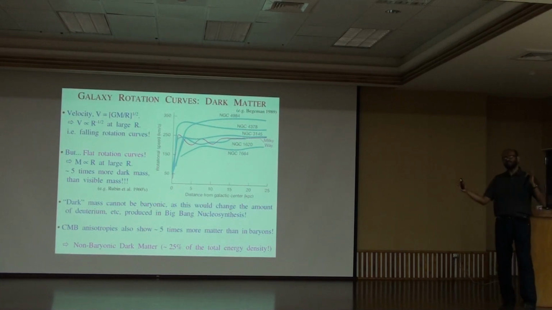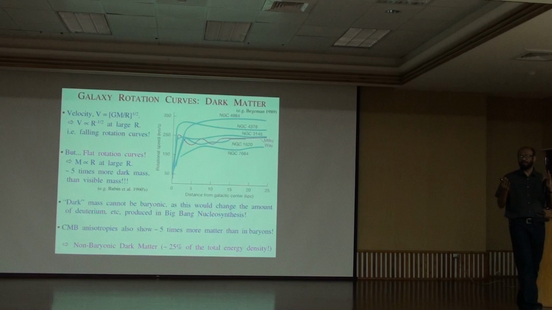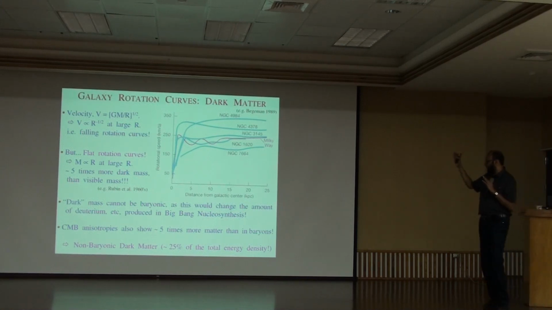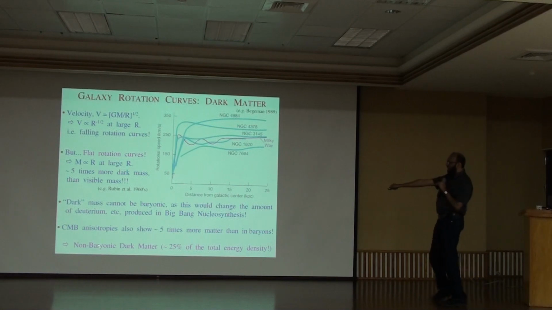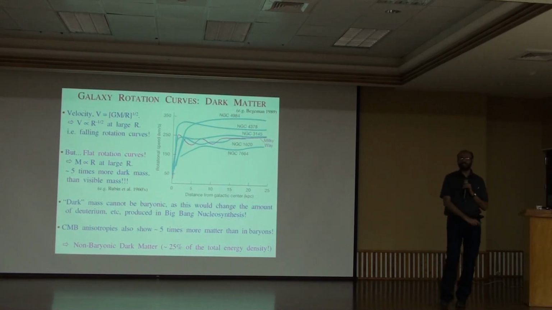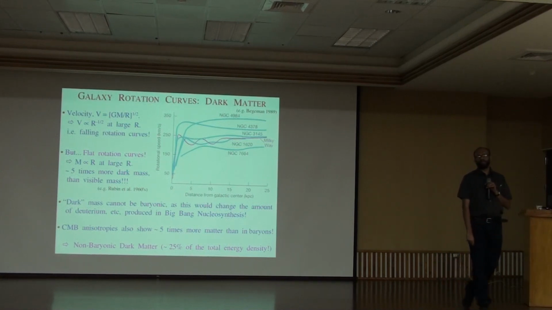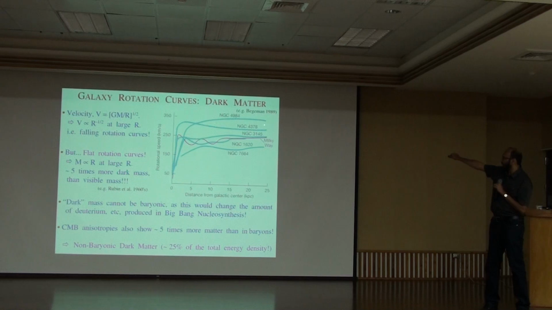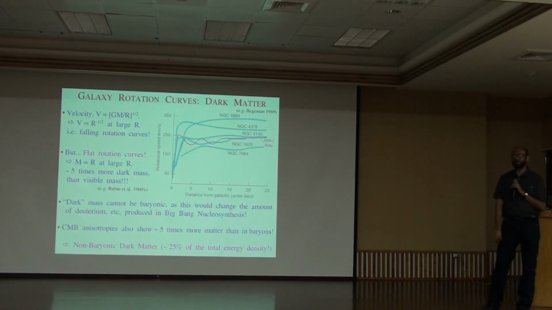We have no evidence of this matter in the lab today, and we're hoping to find some evidence, but it's very hard. So the model today is that non-baryonic dark matter contains about 25% of the total energy density of the universe. And that comes from rotation curves like this and the microwave background.